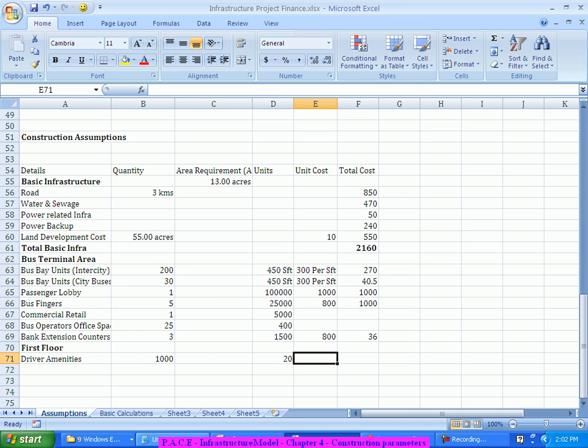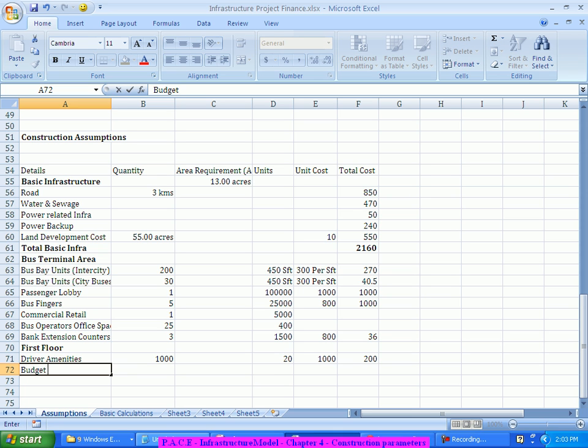So some extra space, so 20 SFT. And you are talking of developing it with a 1,000 per SFT kind of a space. So this is costing you almost 200 lakhs or 2 crores, developing the driver amenities.